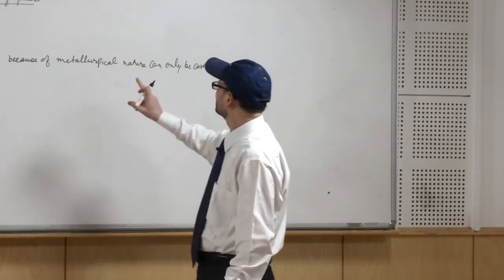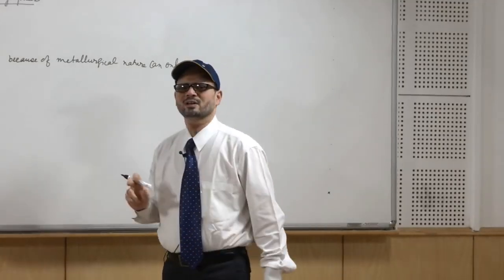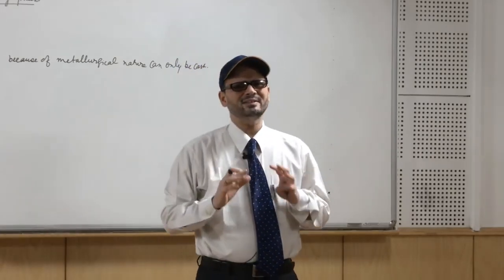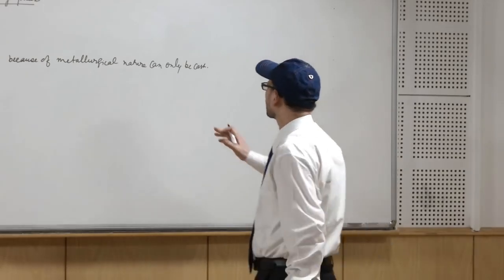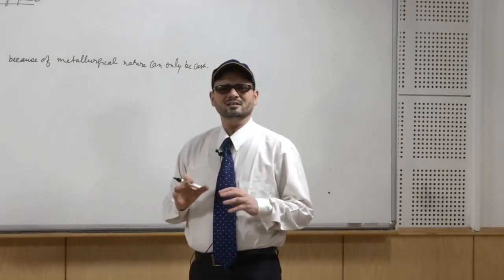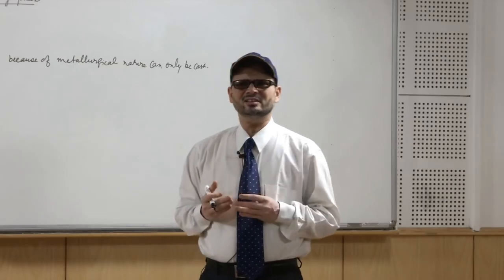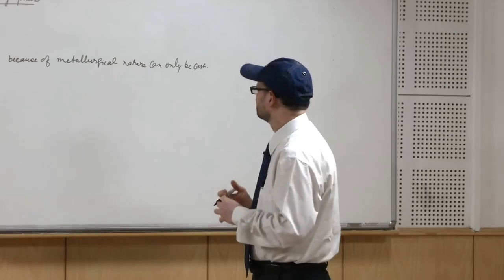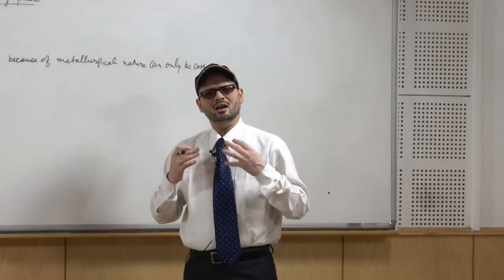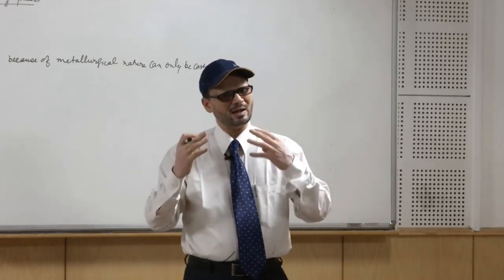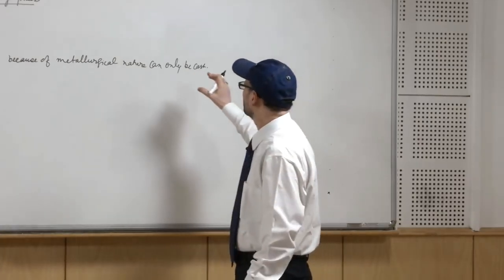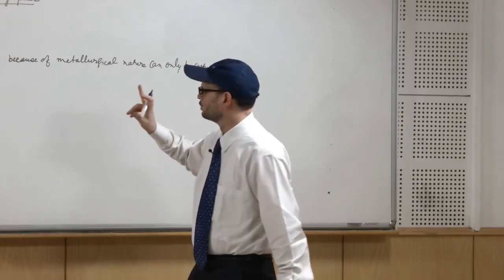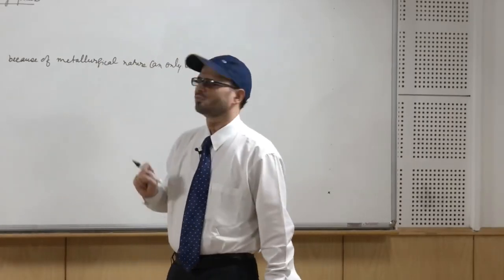So, in that case you have no option but to cast, because cast iron, for example, has a lot of advantages. It has a good machining property, it has a good damping property when subjected to vibration. So, for these benefits you have to adopt casting. So, that is one advantage of casting.